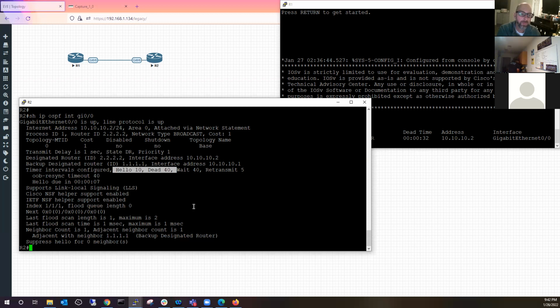So if you ever find yourself in a situation where you are having problems with an adjacency coming up, you have to know which show commands to look at to get the information you're trying to get.